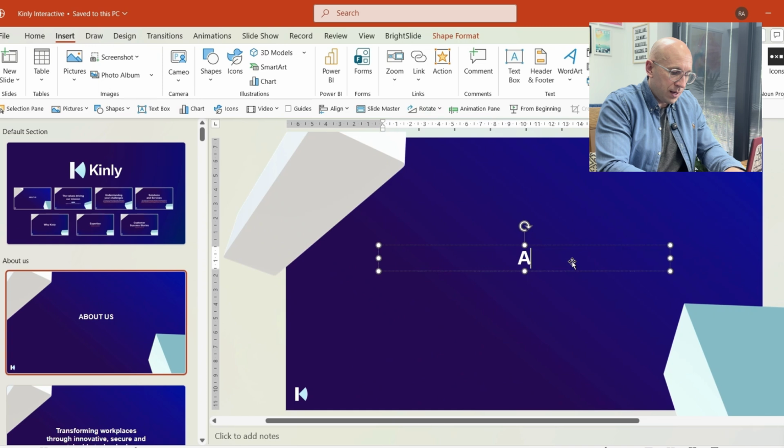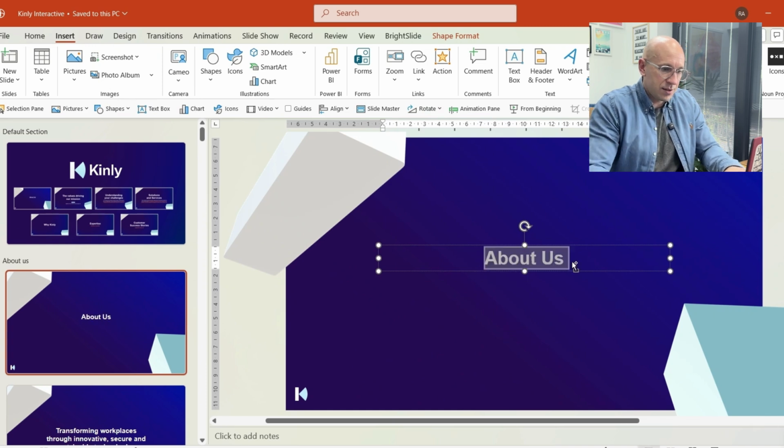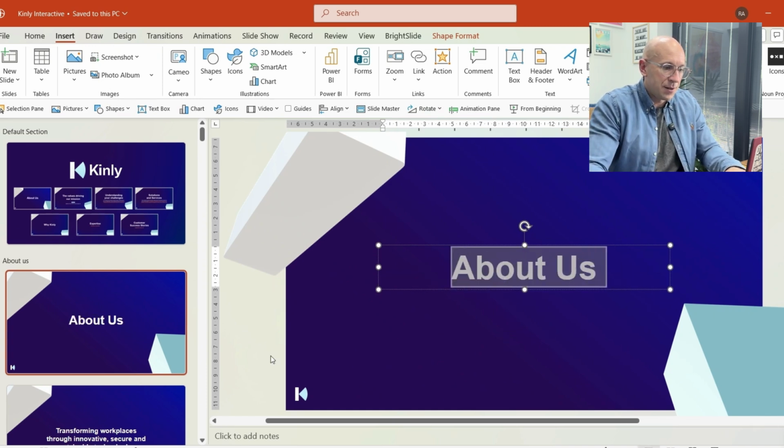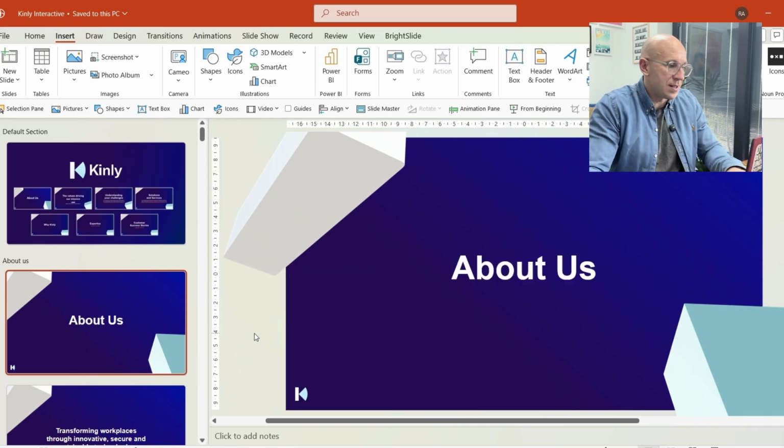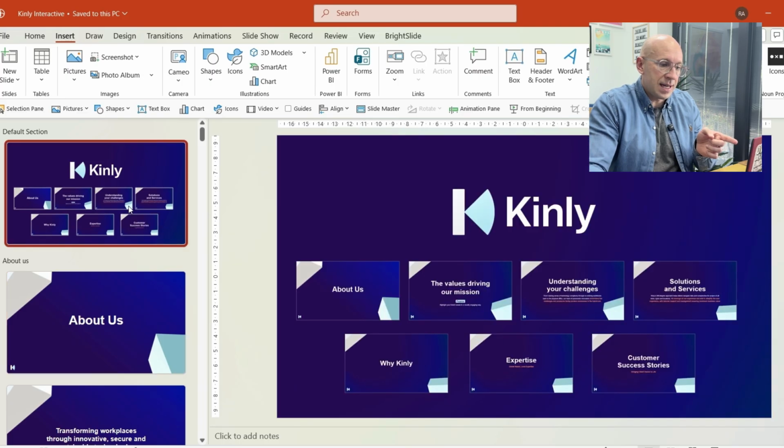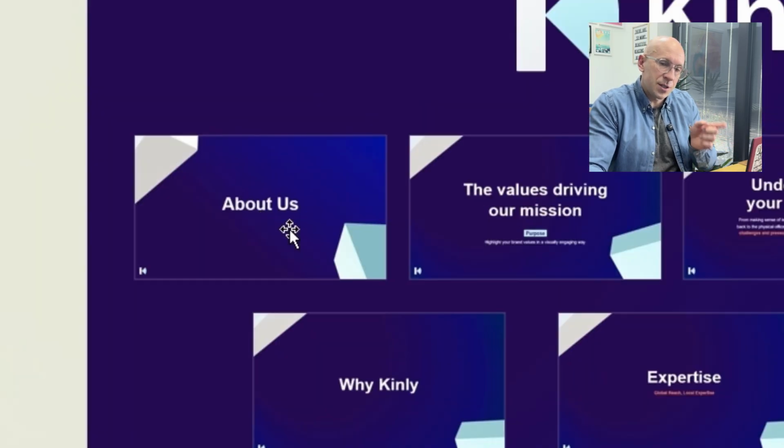So I'm just going to type in About Us, and I'll make that nice and big. Obviously you want to get the sizing consistent throughout, but if I now go back to my navigation page, you'll see that's now changed. So it's really clear from this navigation page that clicking on that rectangle will take you to the About Us section.